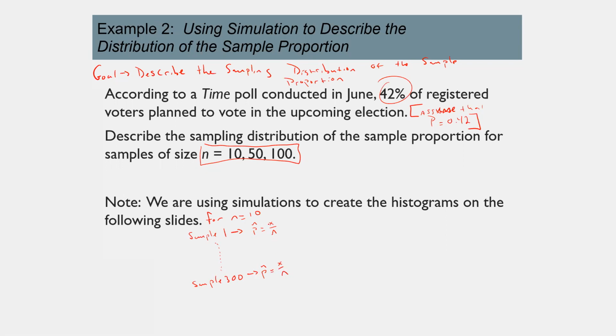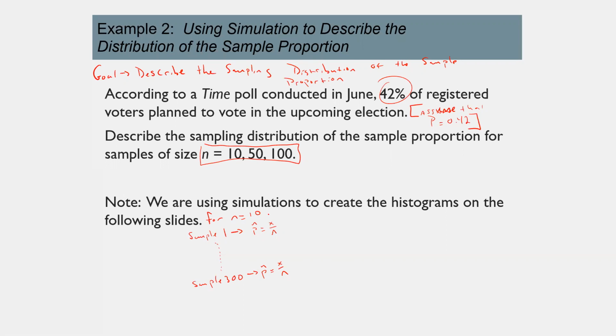Here's what I'm going to have: 300 different p hats. Now, is every single sample proportion going to be exactly the same? Some will be the same, but there will be some variation. It's going to be different from sample to sample, right?